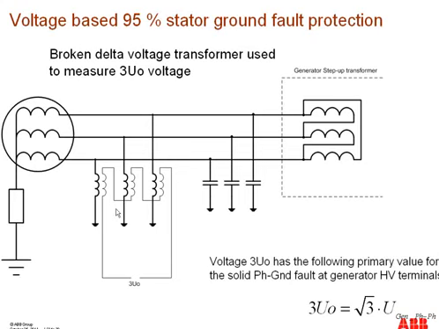But in both of these schemes, at best, what we can do is cover 95%, and in certain cases it can cover only up to 80% of the winding. So the rest, in worst cases 20%, but in good cases at least 5%, will remain unprotected.